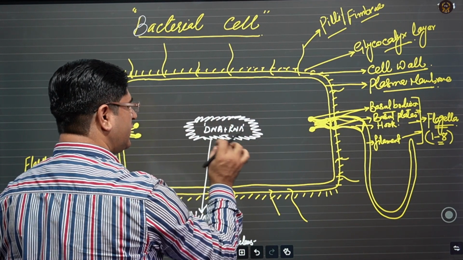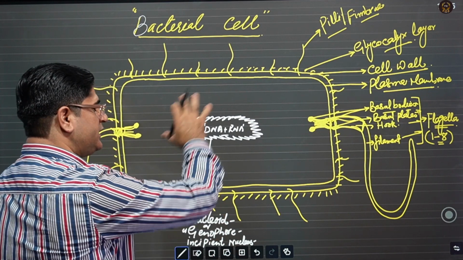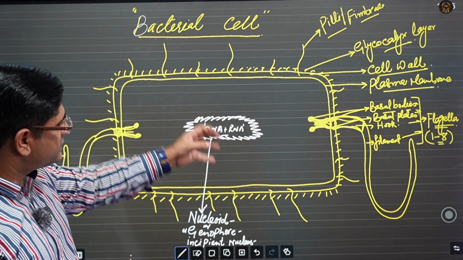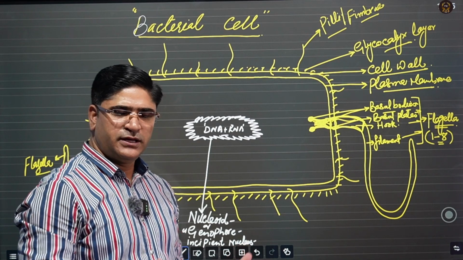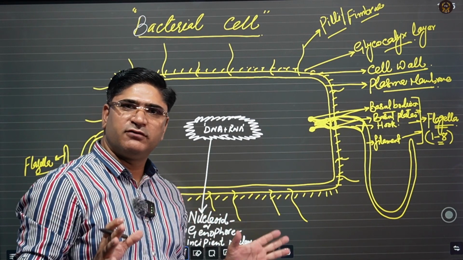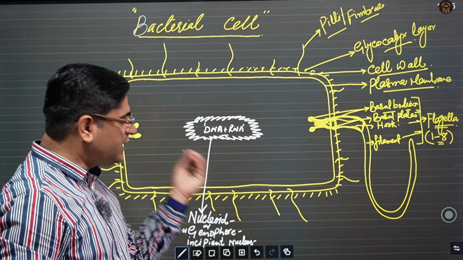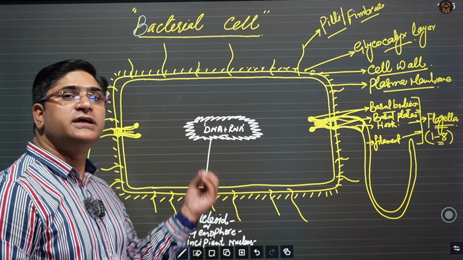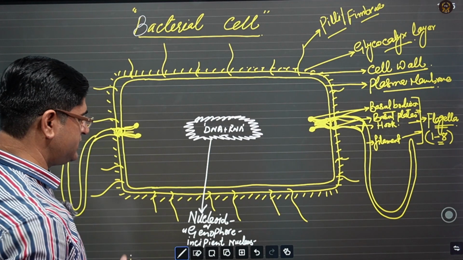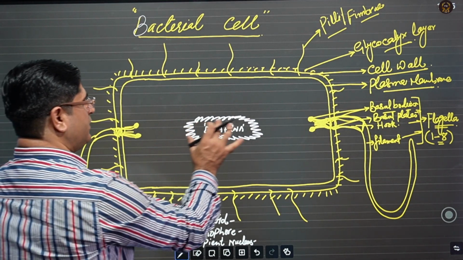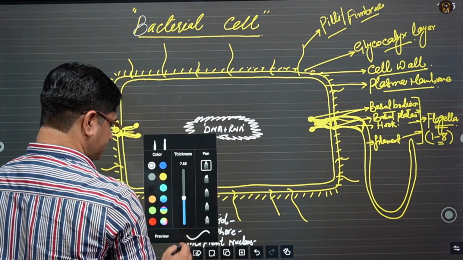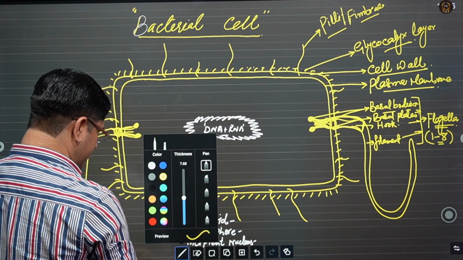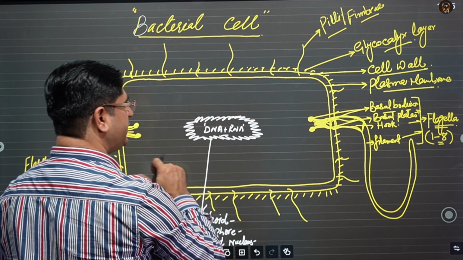It doesn't have a nuclear envelope, and it doesn't have a nucleolus also. Because of that, it is not a well developed nucleus. So that underdeveloped nucleus is known as nucleoid, genophore, or incipient nucleus. Remember these terminologies.